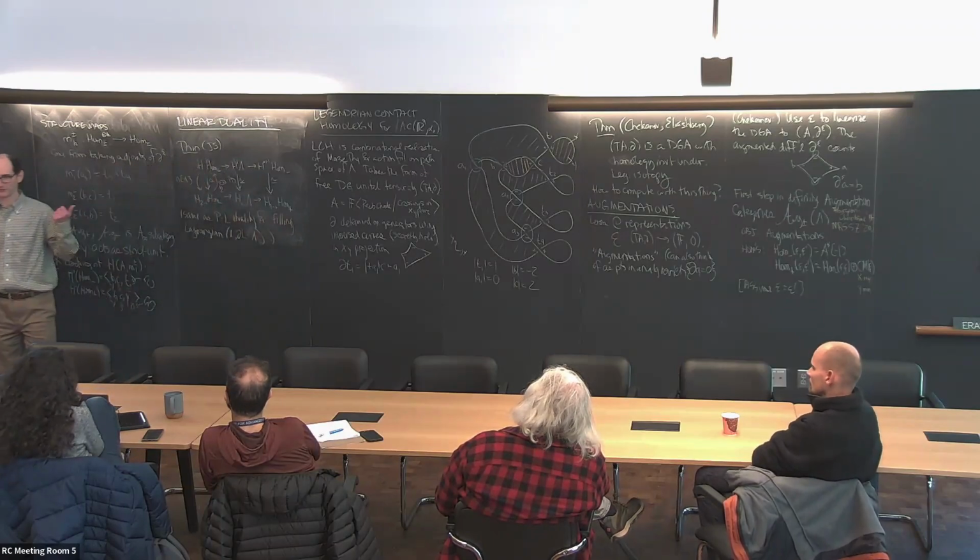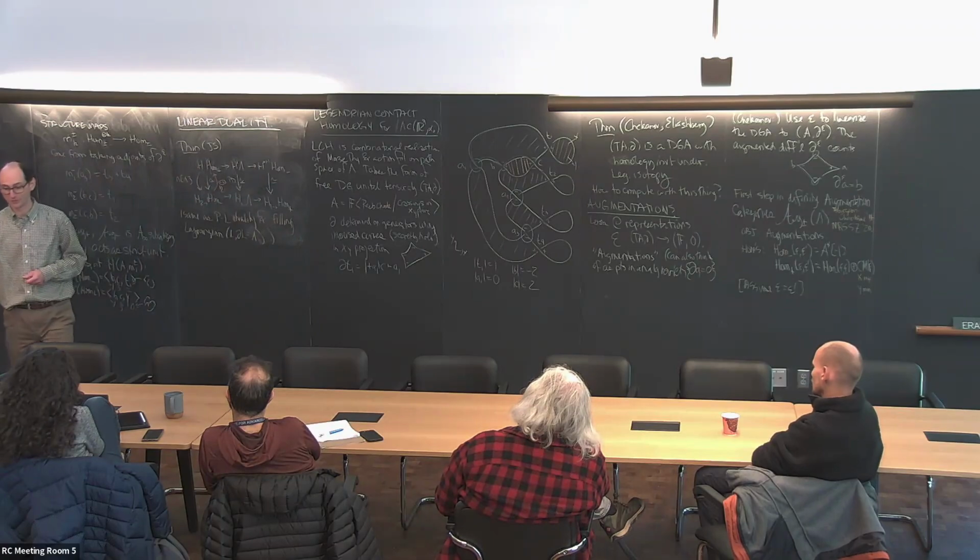Of course, this also works if you don't have a Lagrangian filling. But if you do have a Lagrangian filling, this is just the same thing that I had written down before.